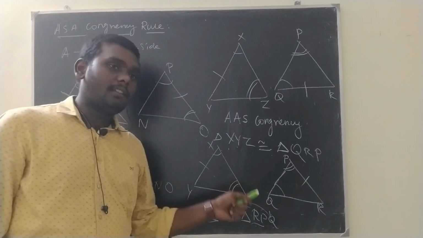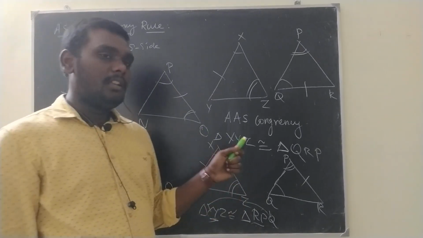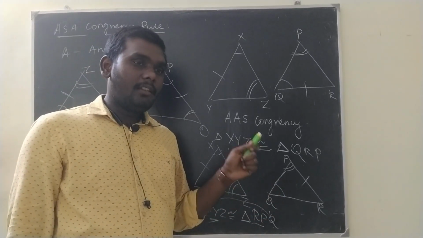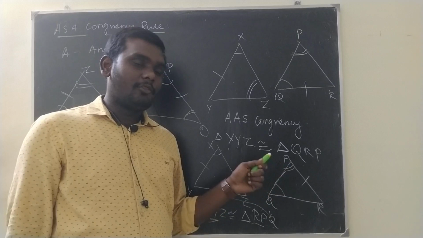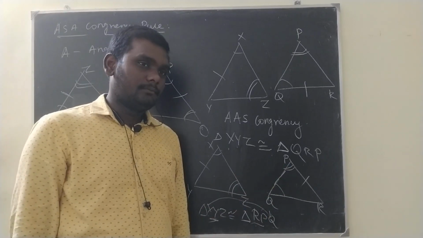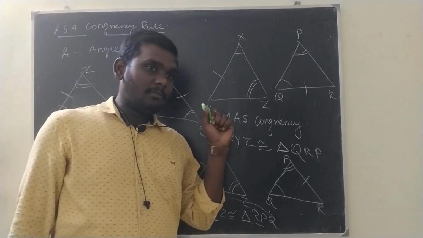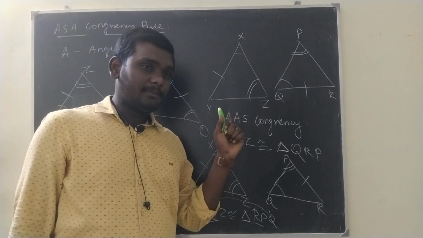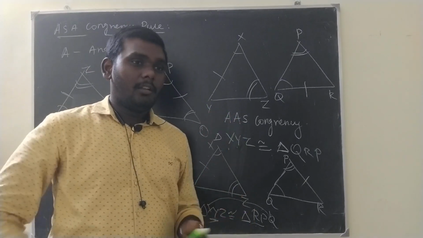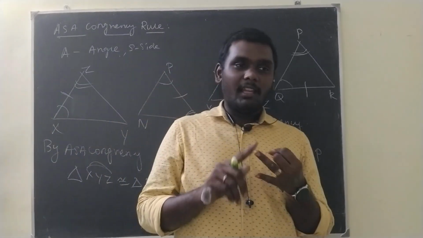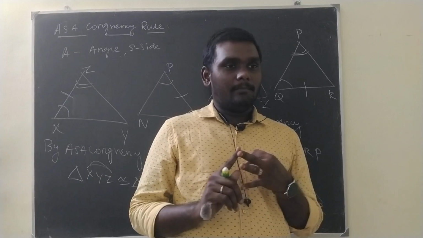So, the reason I am giving this example is so that you should not be confused. You should know when AAS should be applied and when it should not be applied. Okay? You understood the difference between AAS and ASA, right? Only these are there: SAS, AAS, ASA.